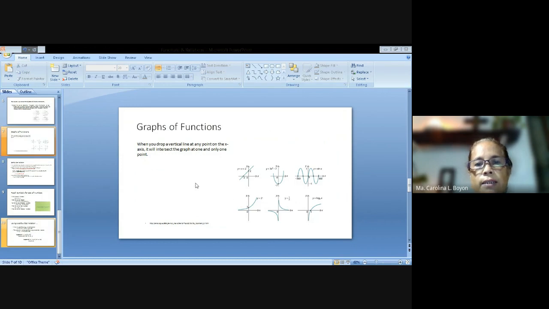So for this set of graphs, these will be graphs of functions because at any point we drop a vertical line, the vertical line will meet the graph at one and only one point.